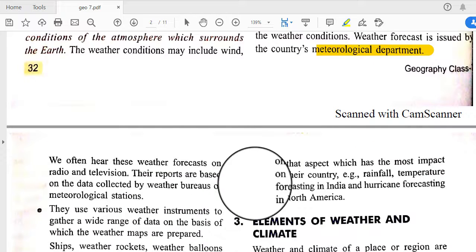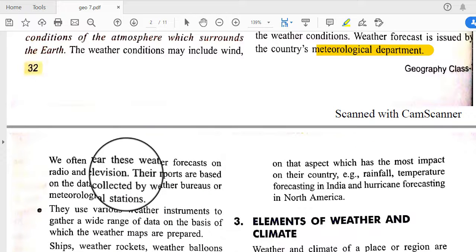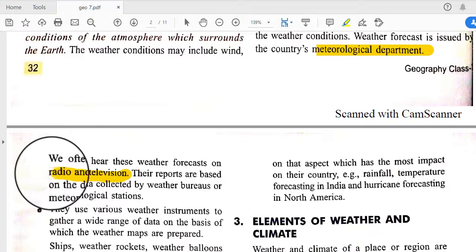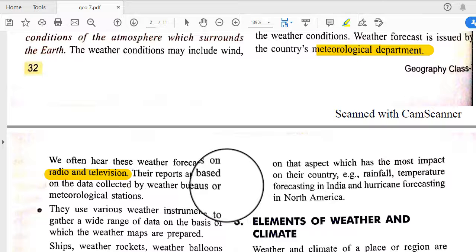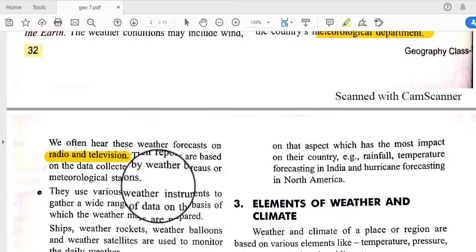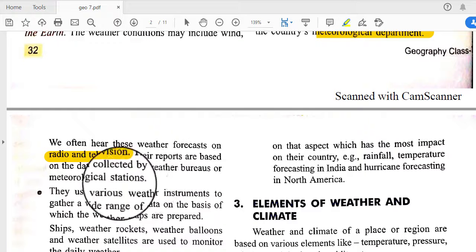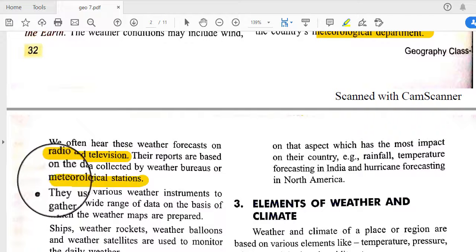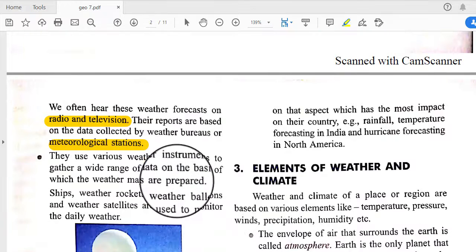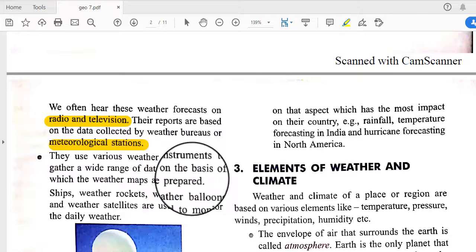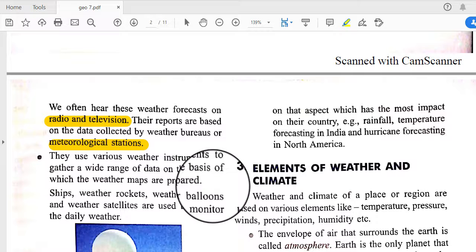We often hear weather forecasts on radio and television, giving information regarding the upcoming 24 hours of weather conditions, and their reports are based on data collected by weather bureaus or meteorological stations. They give us information on the basis of their previous data. There are various weather instruments to gather a wide range of data on the basis of which weather maps are prepared.